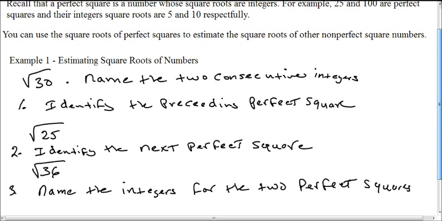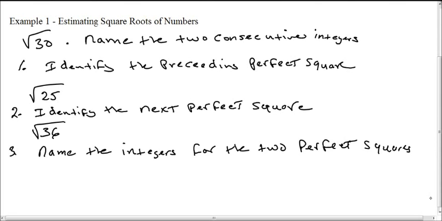When we look at what we have, the integer for the square root of 25 is 5, and the integer for the square root of 36 is 6.